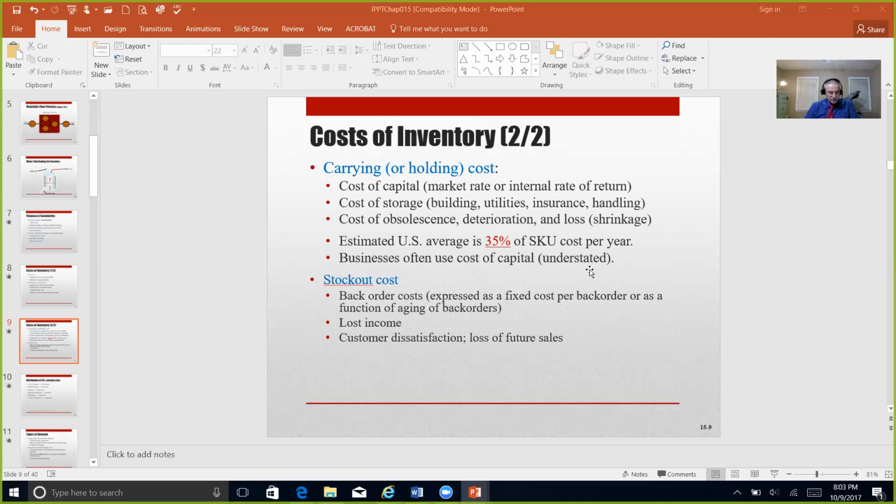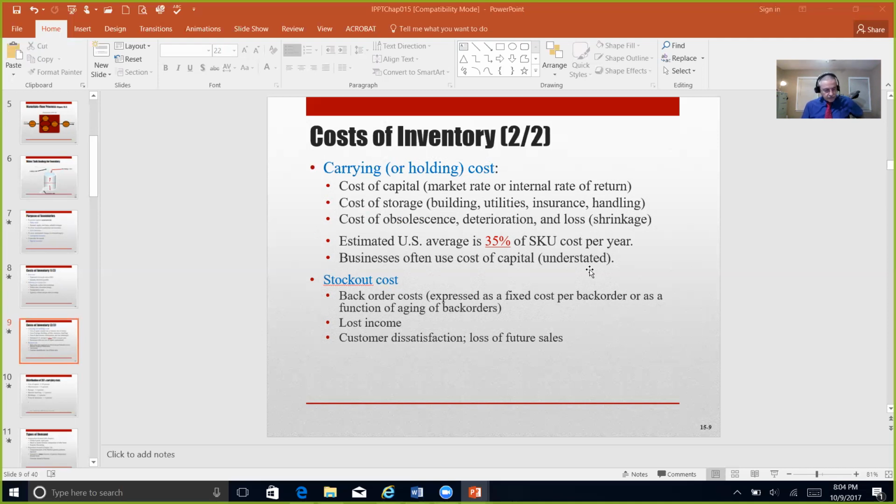You always have to consider it anytime you're carrying or holding inventory, because it has a direct bottom line effect on your profit margin. In this example, the average is 35% of stock keeping unit (SKU) cost per year, and that 35% is broken down over those three different varying costs. You see that discussion over on pages 374 and 375.